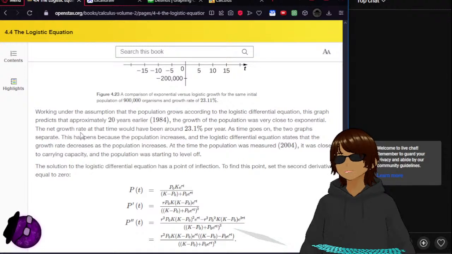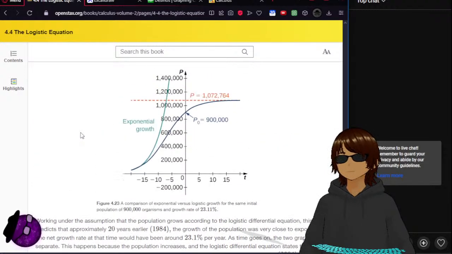The net growth rate at that time would have been around 23.1% per year. As time goes on, the two graphs separate. This happens because the population increases, and the logistic differential equation states that the growth rate decreases as the population increases.